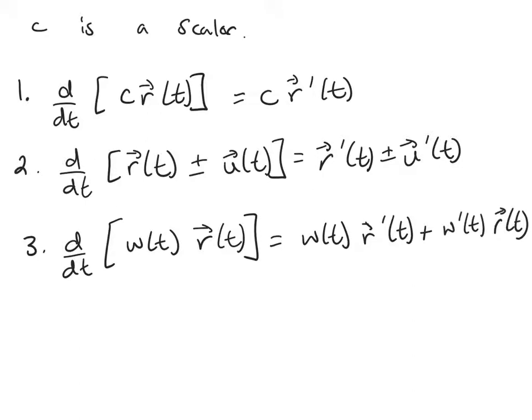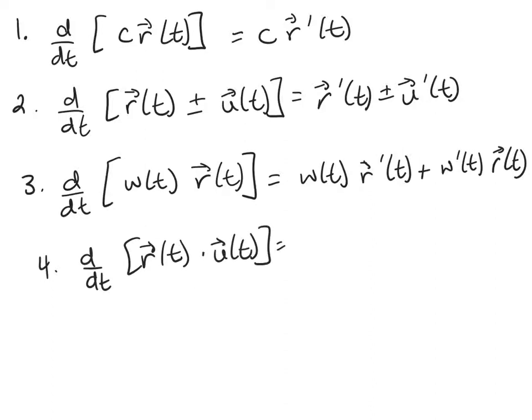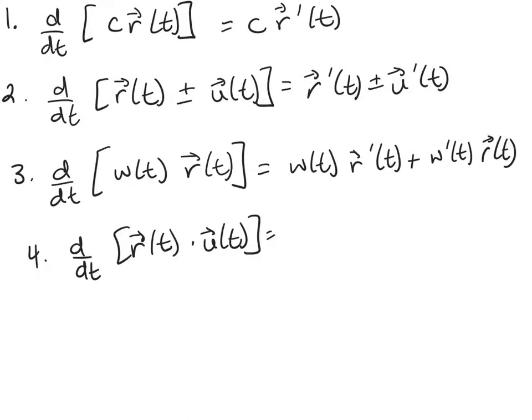If I take the derivative of a dot product, the derivative of r dotted with u, you're going to get something similar to a product rule, but for a dot product. So it'll be r dot u prime plus r prime dotted with u.